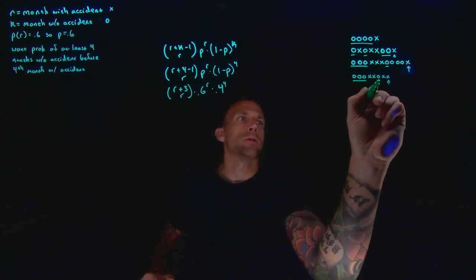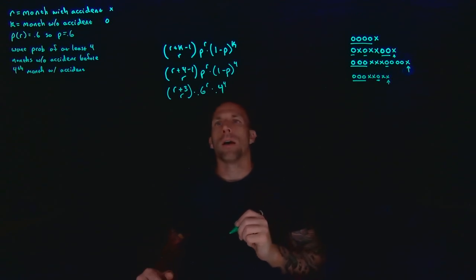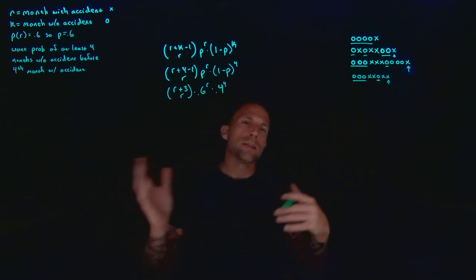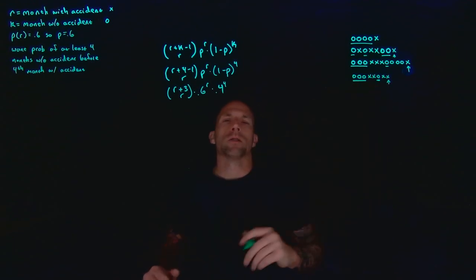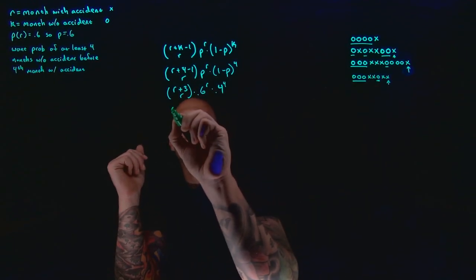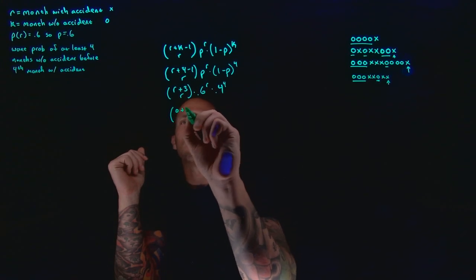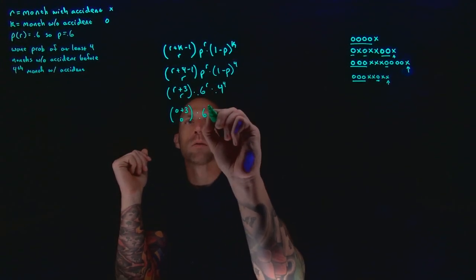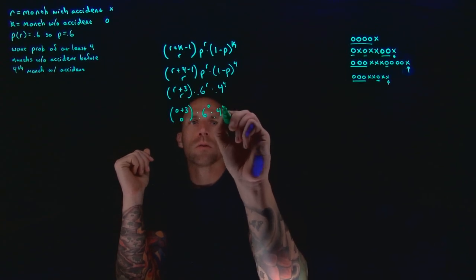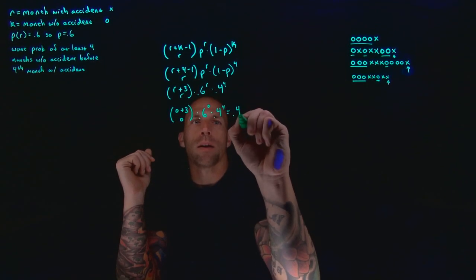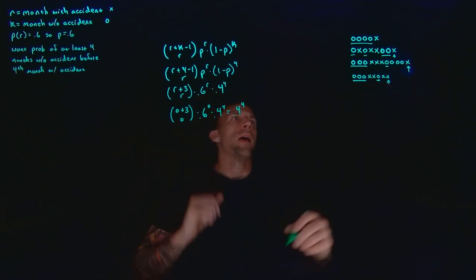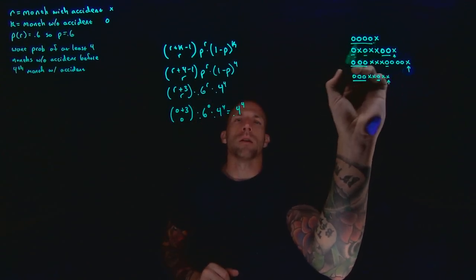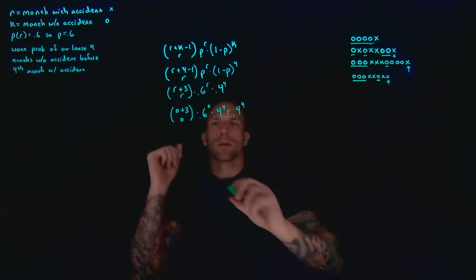So that is constant right there. And then we're just going to count up how many months with an accident are mixed in to these first 4 months without an accident. So there could be 0, which is just going to simplify to 0.4 to the 4th. And that's this case right here. There were no months with an accident mixed into our 4 months without an accident.